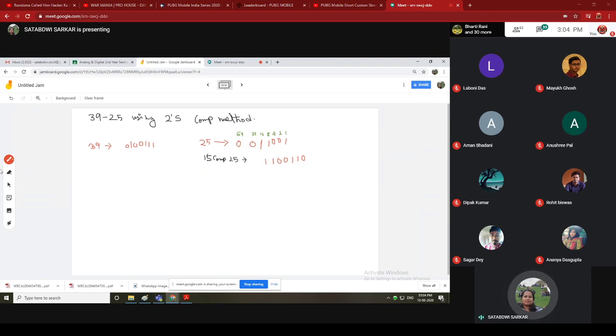Now we have to represent the 2's complement form. 2's complement, that is, we have to add 1.